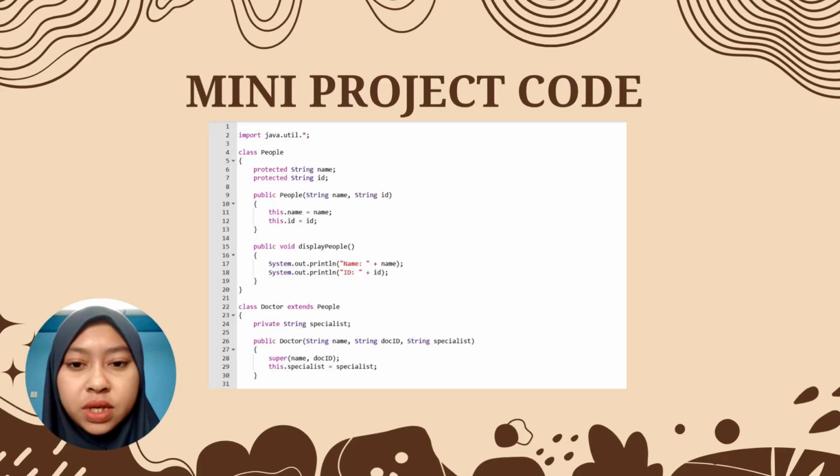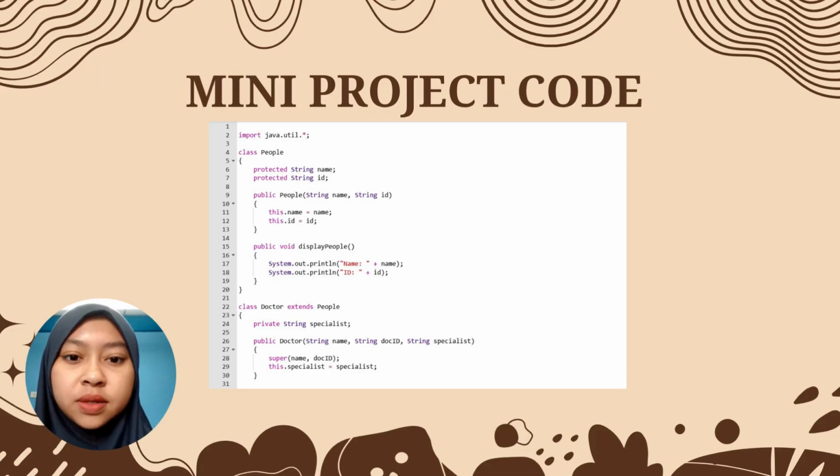My name is Jyotirmati, 20IT24F1012. I want to explain the mini project code. For lines 4 to 7, the People class has protected String name and protected String ID.